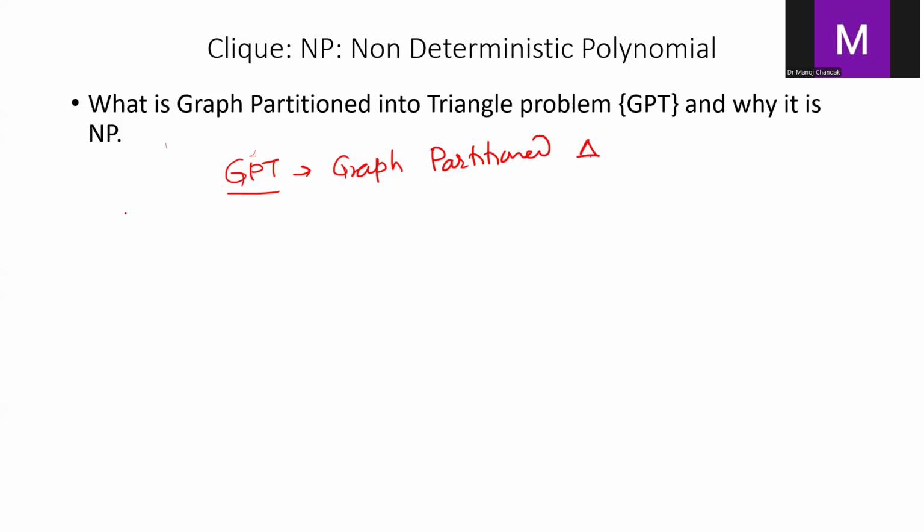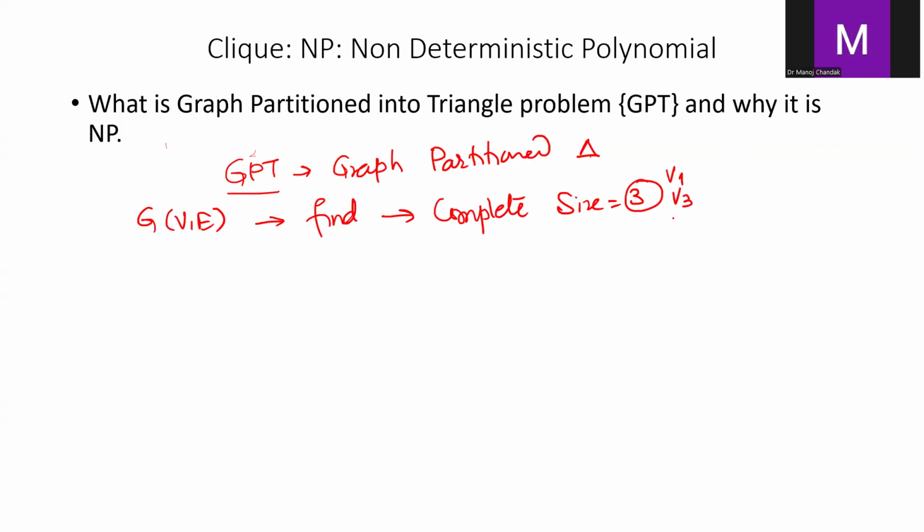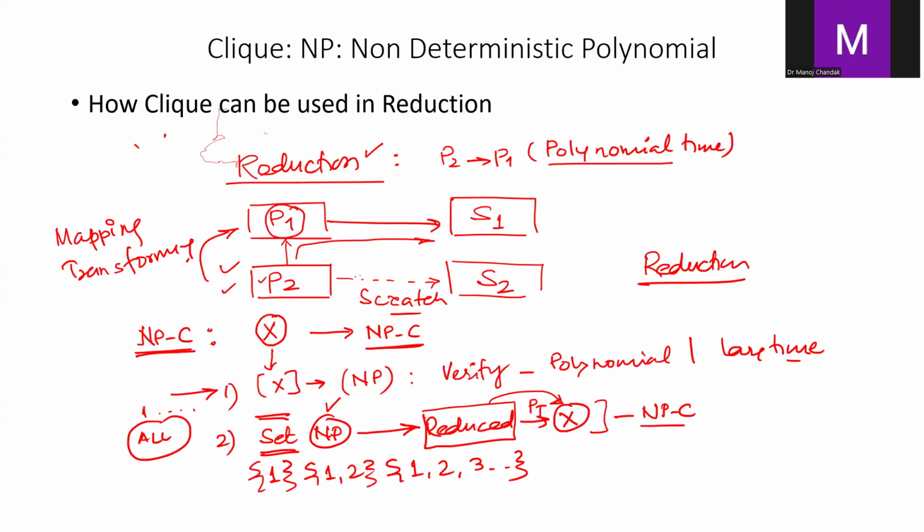So the basic idea is, given a graph of vertices and edges, it is required to find out whether there exists a complete graph of size 3. When I'm saying size 3, I mean 3 vertices. So given a graph, finding out whether there exists a complete graph of size 3 is denoted as GPT.